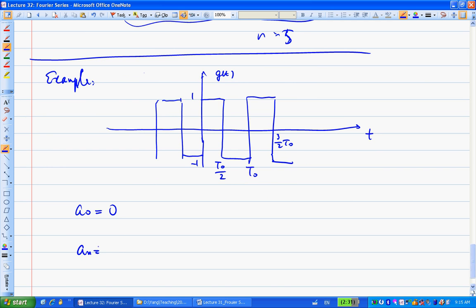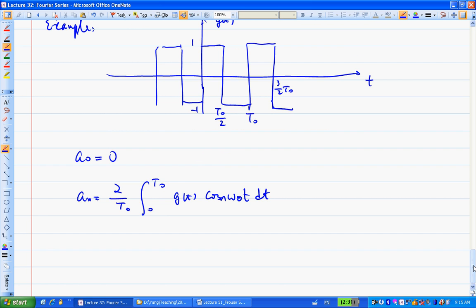Then a_n is 2 over T naught, the period being T naught, integral from 0 to T naught of g of t cosine n omega naught t dt. In order to calculate a_n, I'll show you two different approaches. Number one is the traditional approach. I integrate up to T naught.